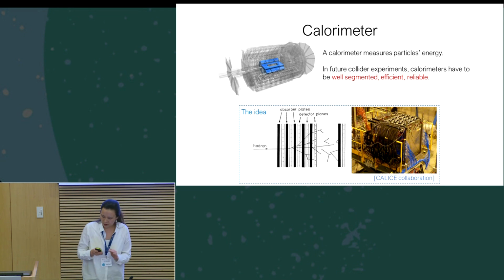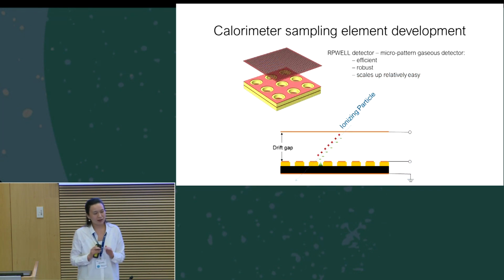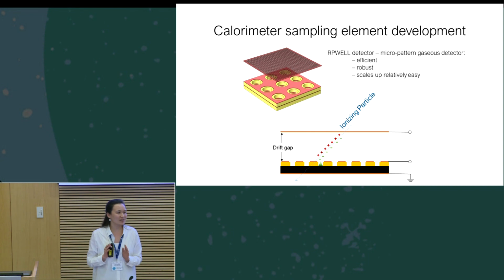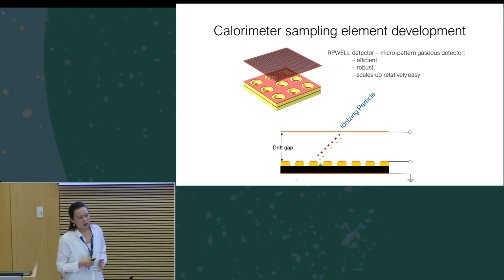For my degree, I try to design and develop a single sampling element, a single plane that is going to be put in a stack. The technology is based on gaseous detectors. Again, you don't need to know what it is. It works on the principle of gas ionization.